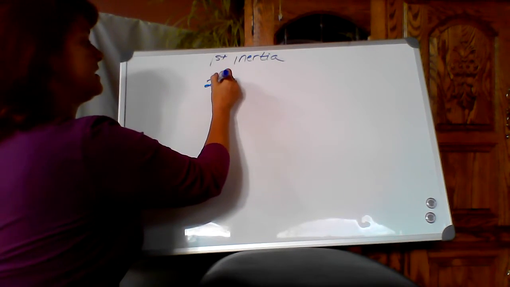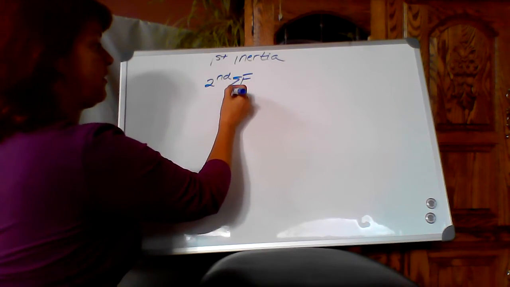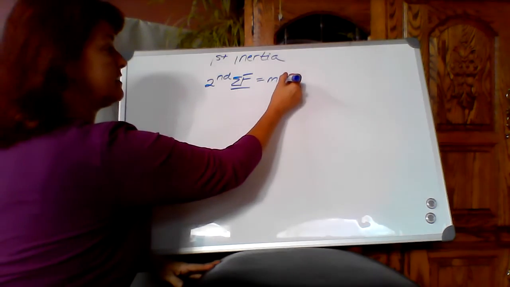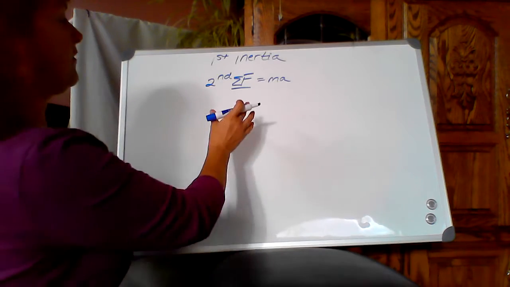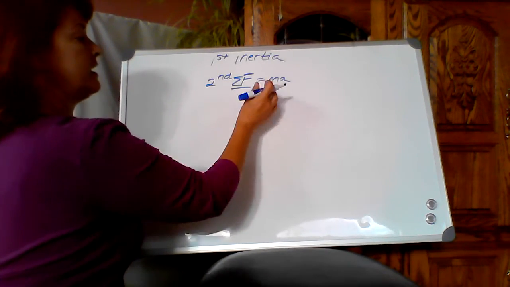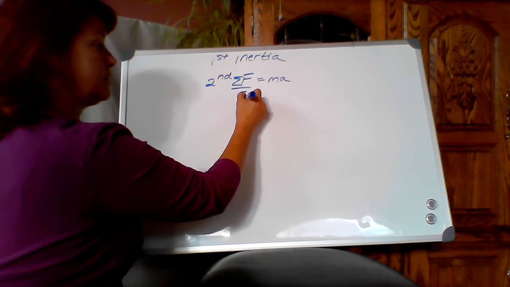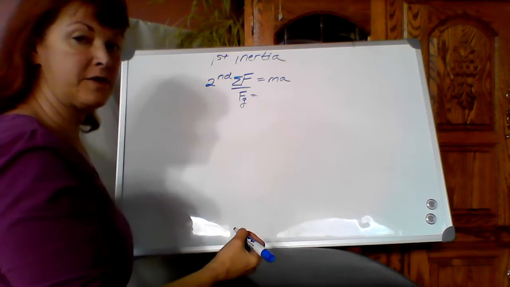And we know that Newton's second law can be summed up by the sum of all the forces acting on an object equals its mass times its acceleration. We can use Newton's second law to also determine specific forces that are acting on an object, like the force of gravity.